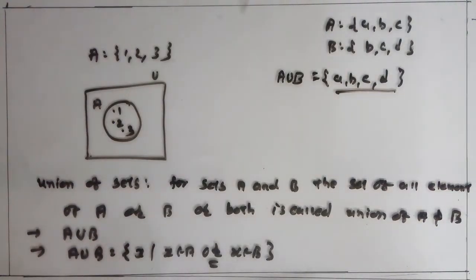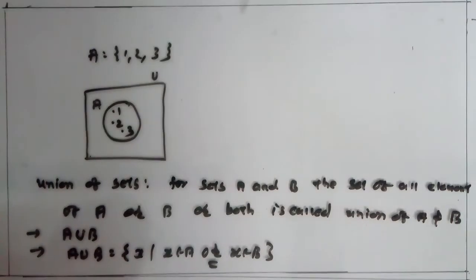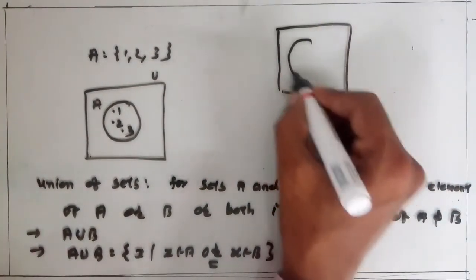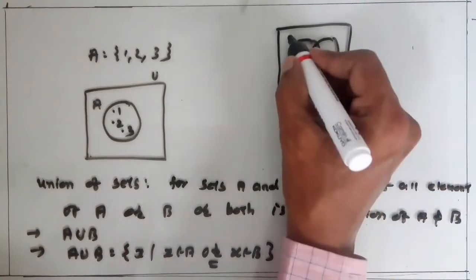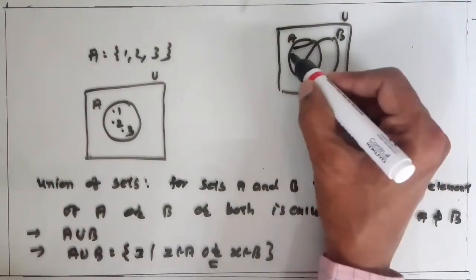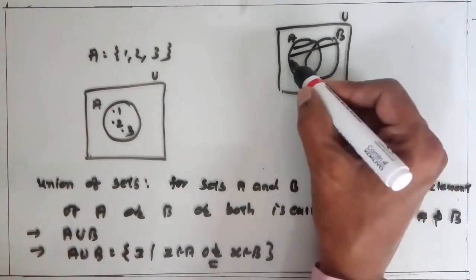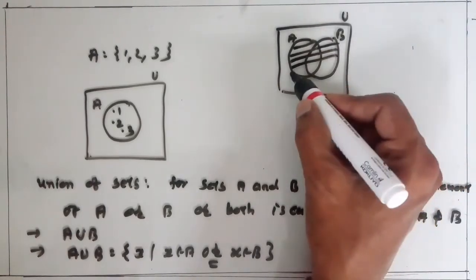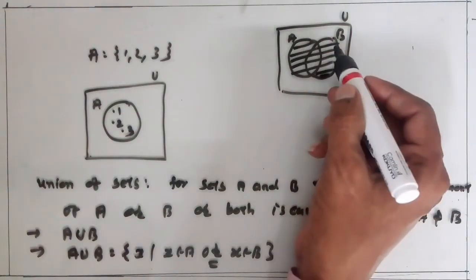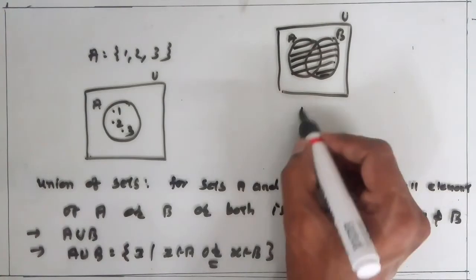Now the Venn diagram for the union of two given sets. For sets A and B, the Venn diagram of A union B, we draw this type of figure to represent the Venn diagram of the union of A and B. So this is A union B. This set contains all elements of A or B or both.